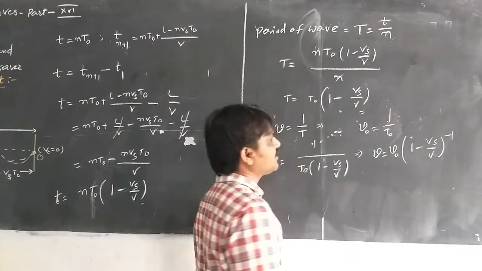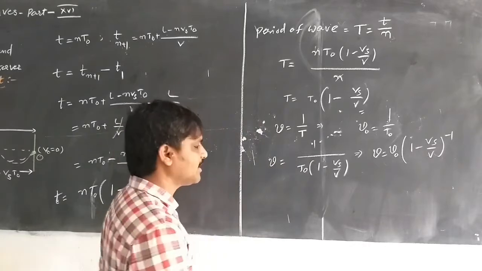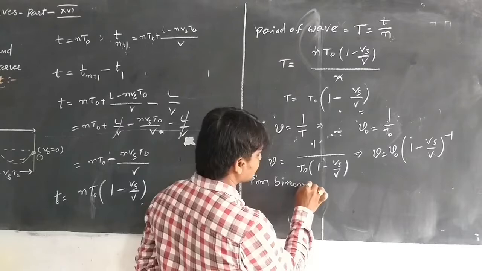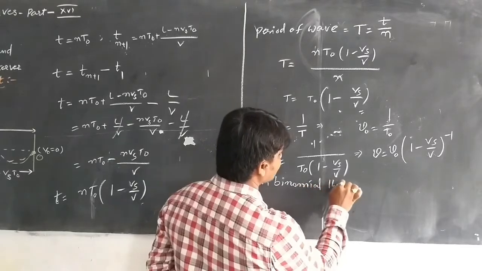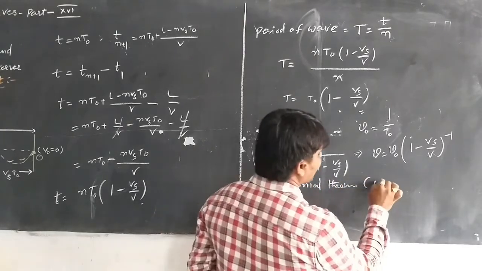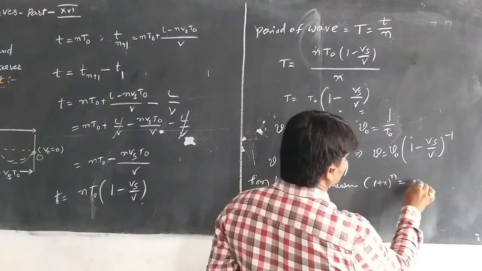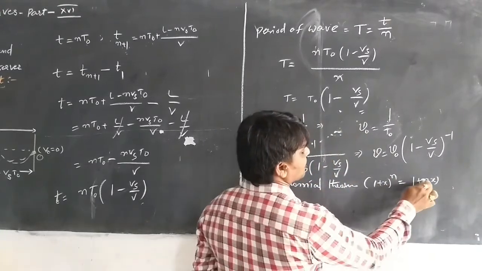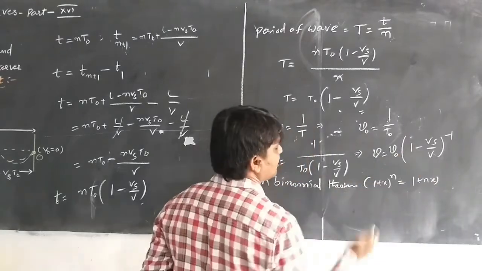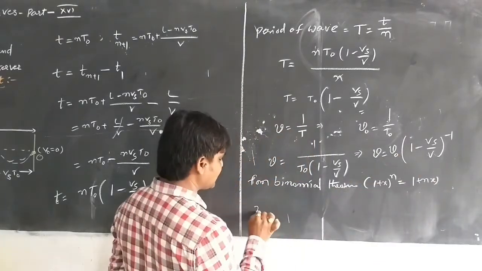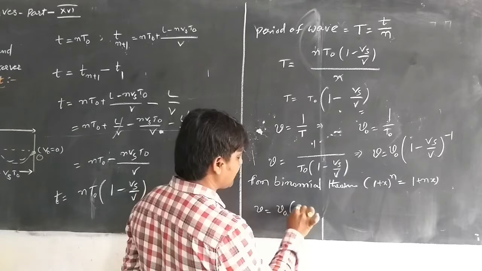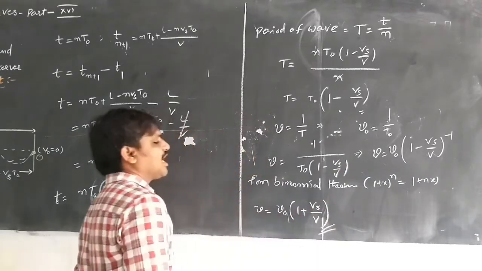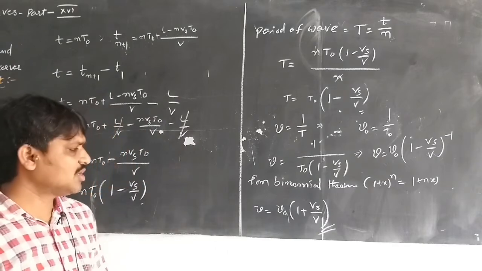From the binomial theorem, 1 plus x power n is equal to 1 plus nx, and in case of 1 minus x power n is equal to 1 minus nx. So we can write nu is equal to nu naught of 1 plus Vs by V. This is the equation for the apparent frequency of sound due to the relative motion.